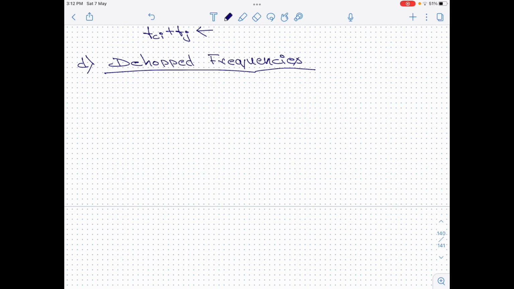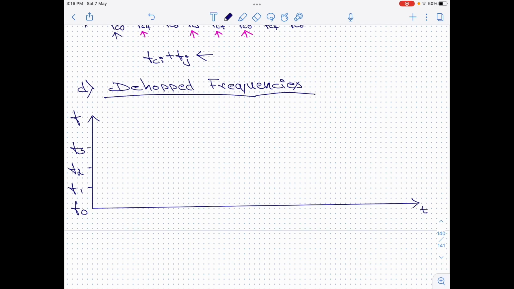of the numerical. Let me start with the x-axis here, which represents the time axis. Y-axis represents the frequency axis. However, this is for the de-hopped frequencies. Let me start the operation. Please note, you are writing the plot for the de-hopped frequencies, which are nothing but the MFSK tones.